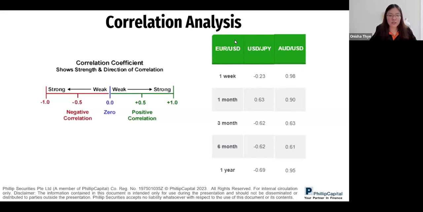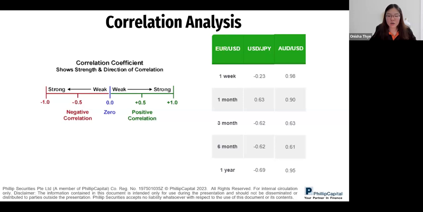Comparing Euro USD to Australian USD, it is a positive correlation, which means that when Euro USD goes up, this will go up too. Based on this correlation, it depends on which time frame you choose to invest, because in the 1 month time frame, both of these are positively correlated to Euro USD.